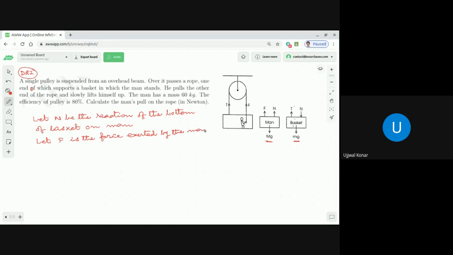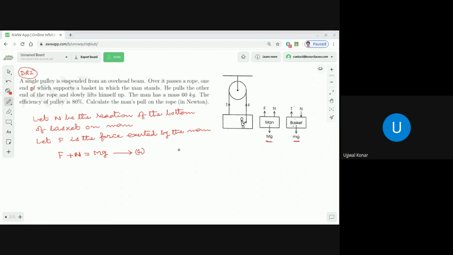Then what we are going to get? Definitely we are going to get F plus N is equal to M into g. And according to the question, we need to find the value of F, isn't it? So first thing what we get is that F plus N is equal to capital M into g. And that we can give as equation 1.